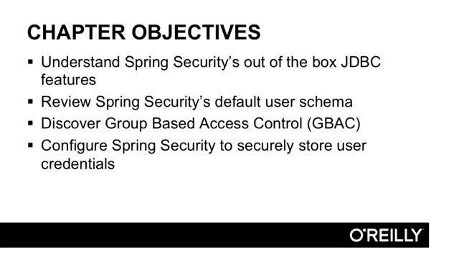So our first objective is to understand the out-of-the-box features that Spring Security is going to provide for us to manage our users and their authorities within a database using JDBC. So we're going to be looking at a JDBC user service, and that user service is going to be connecting to the tables within our database.